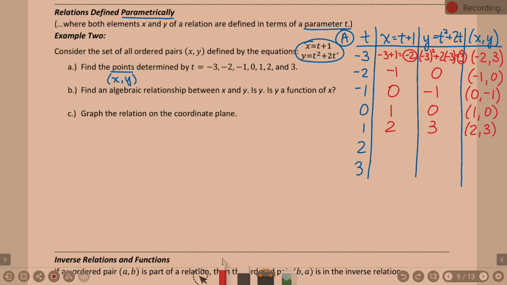Put in 2. 2 plus 1 is 3. 2 squared plus 2 times 2 is 8. And ordered pair of 3, 8. And put in 3. 3 plus 1 is 4. And 3 squared plus 2 times 3 is 15. 9 plus 6, 15. Ordered pair of?